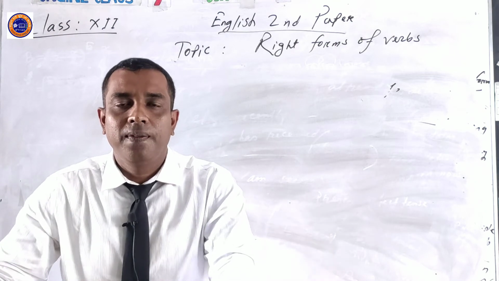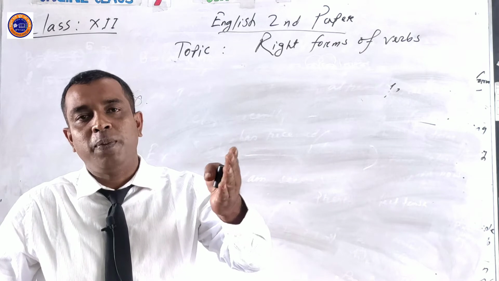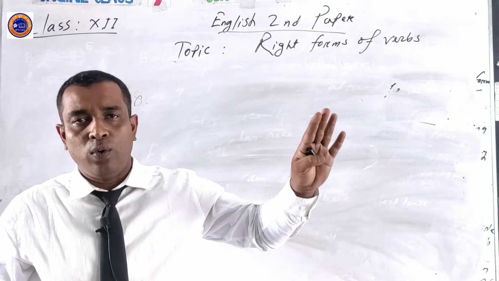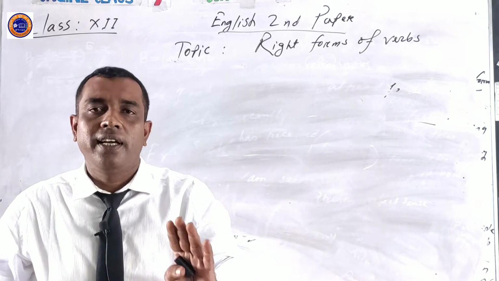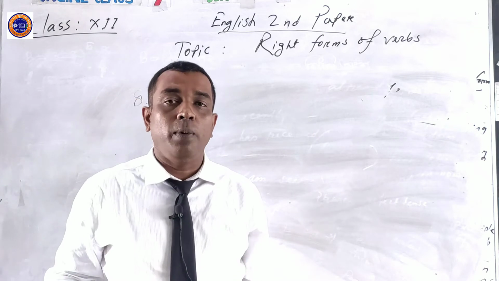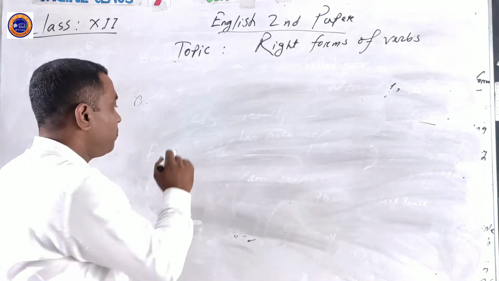I'm repeating. Suppose something has been done some years or some moments ago, but the effect is really present, then you must understand that the sentence will be present perfect tense. I am giving you an example.